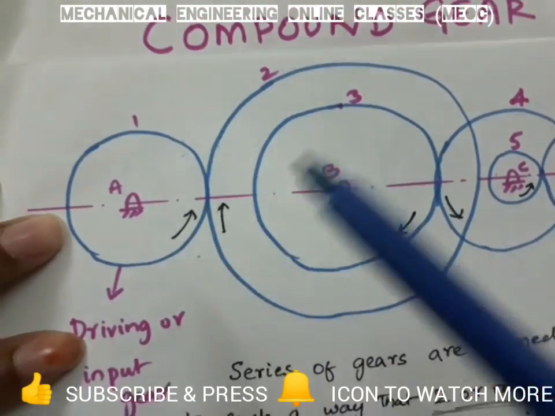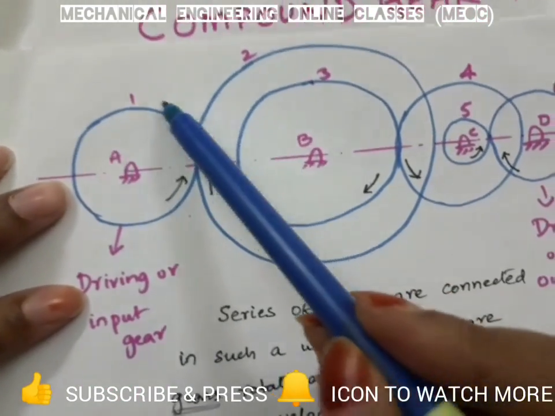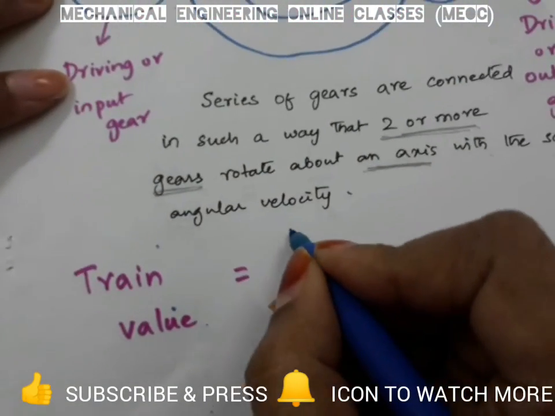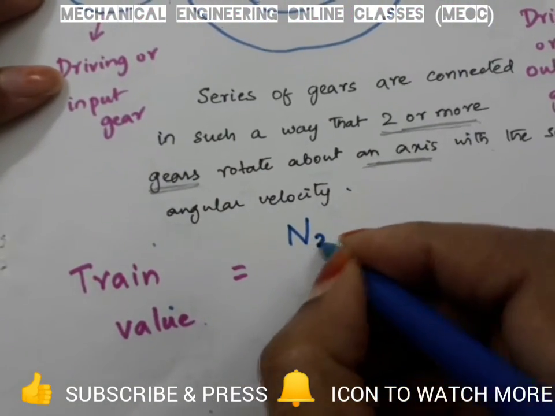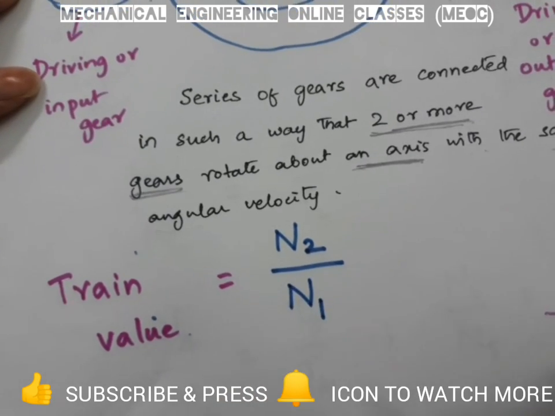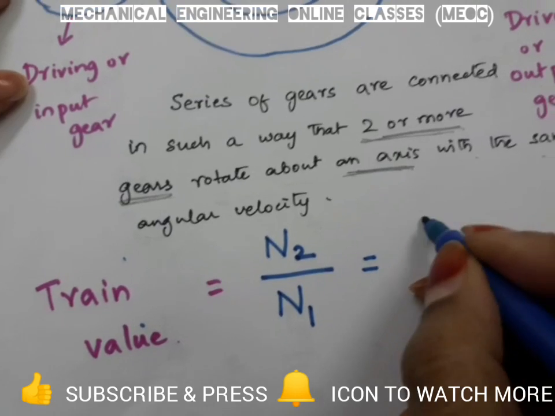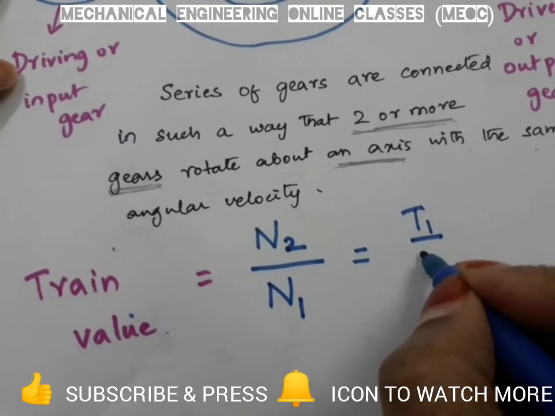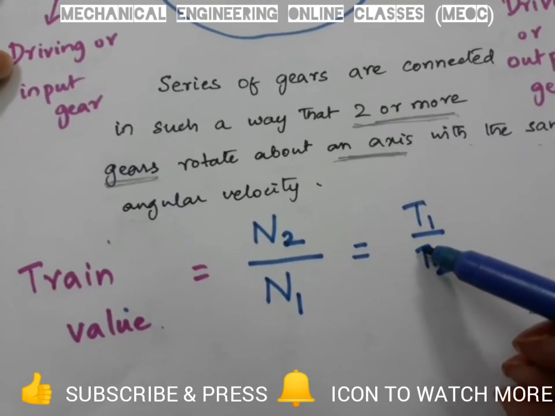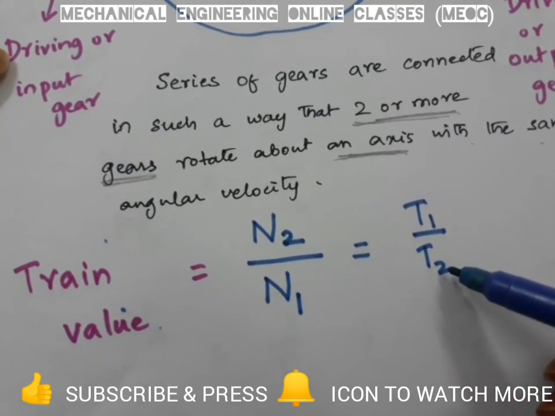Out of 1 and 2, 2 is driven. So N2 divided by N1 should be equal to T1 by T2, where T1 is the number of teeth on the first gear and T2 is the number of teeth on the second gear.